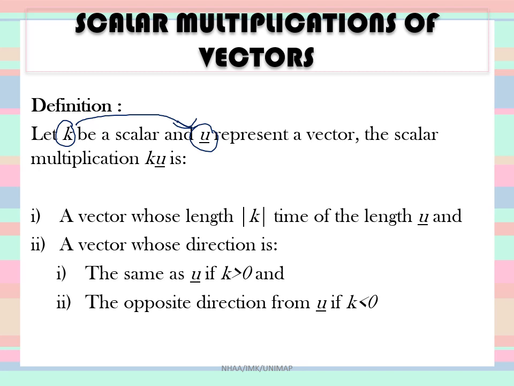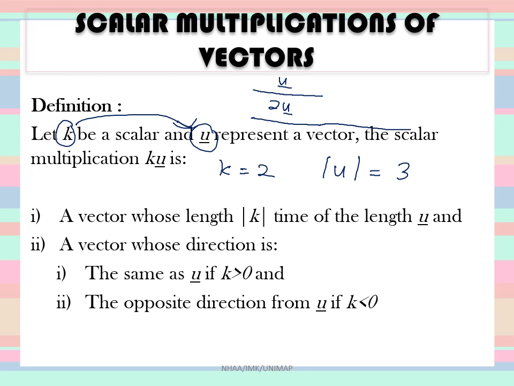So if the magnitude of u is 3, and k here is 2, it means your new vector is 2 times the length of vector u. If u is just this length, 2u will be 2 times the length of the current vector.